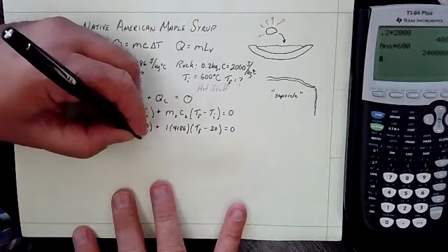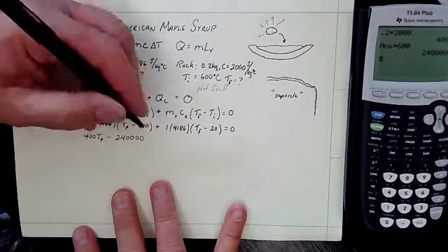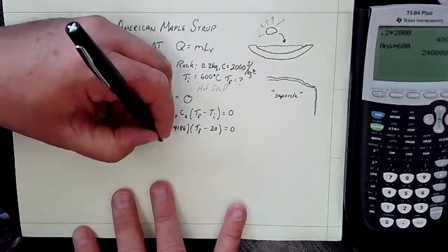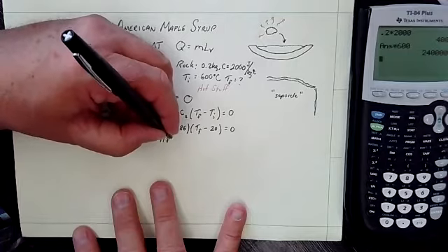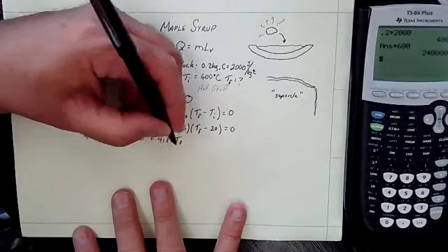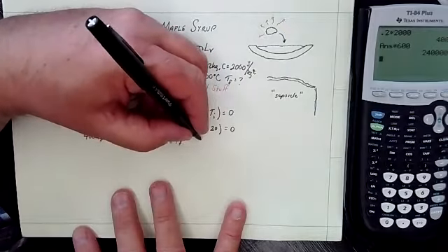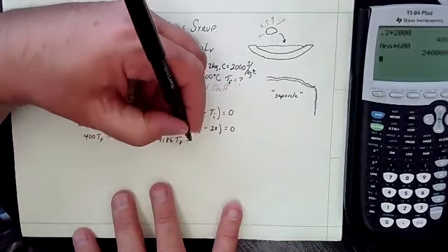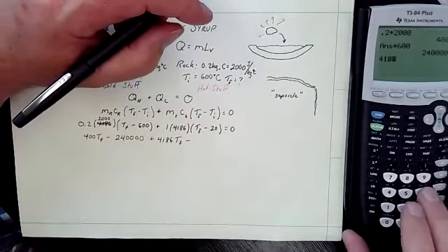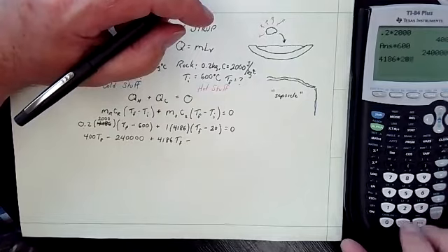So at this point, yes, we're just talking about units of energy. Plus 4186 TF and then minus, and then we'll multiply 4186 times 20.